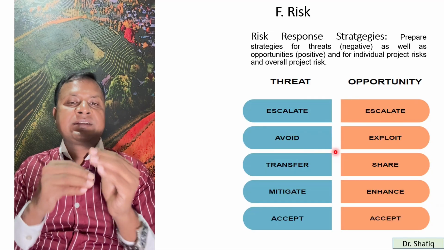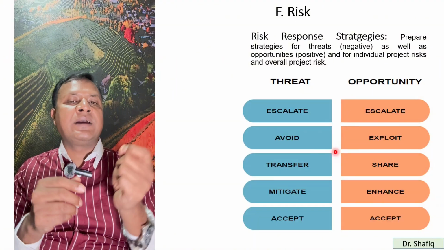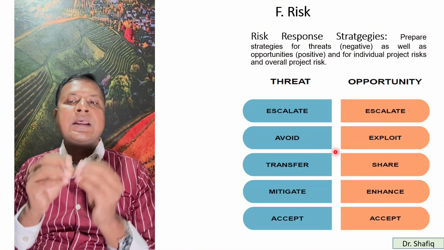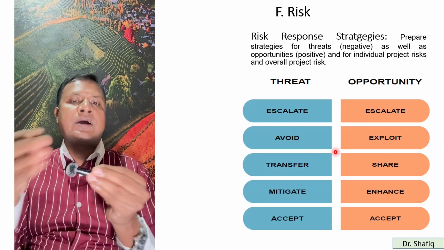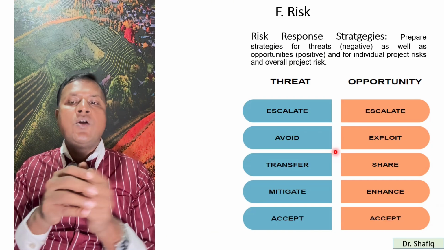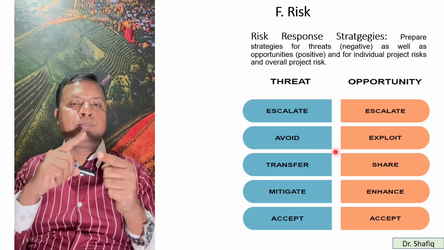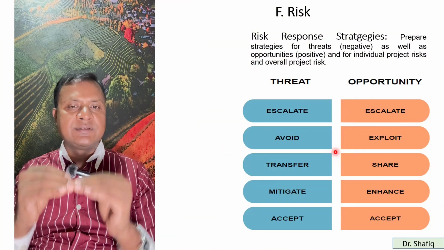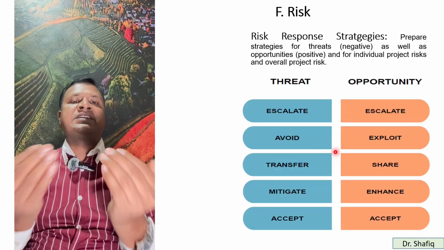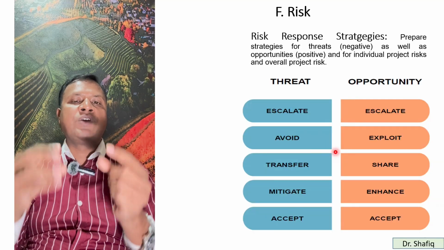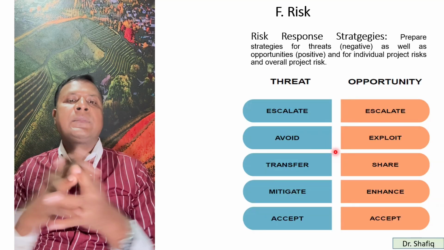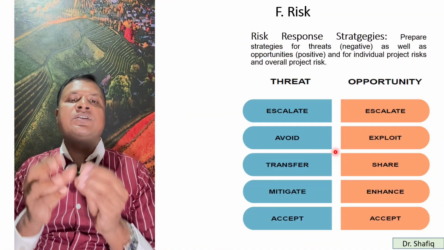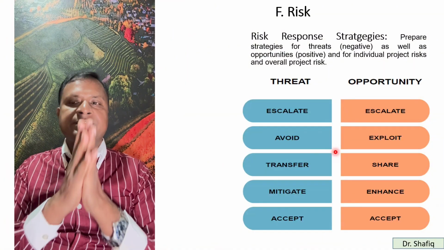If you see that it can be transferred, for example, you can buy insurance for health or any other kind of risk, that's transferring risk to a third party. Or mitigating: by proper planning, proper addressing, and employing proper teams, you can mitigate the risk. Or you can accept it, if you feel that by accepting it you can gain. So these are the ways you can respond to the risk.